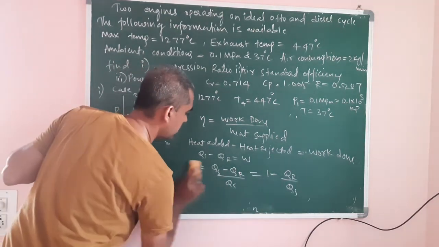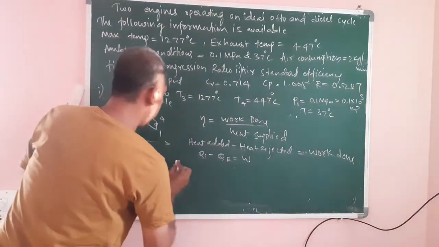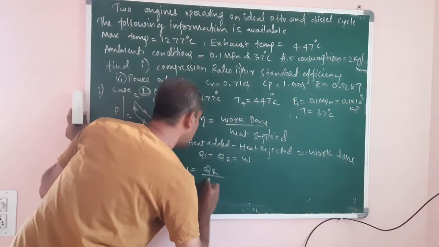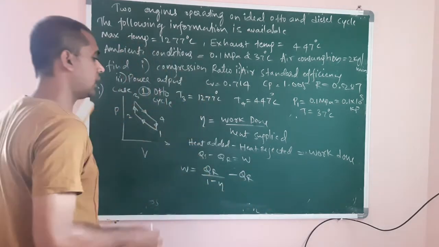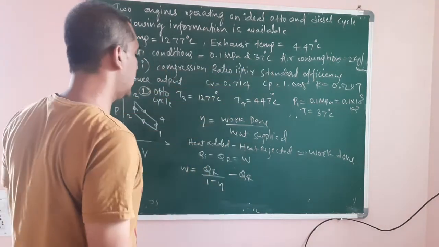Therefore, work done W will be equal to QR divided by 1 minus efficiency minus QR. This is work done per kg. If we multiply by mass, we will get total work done.